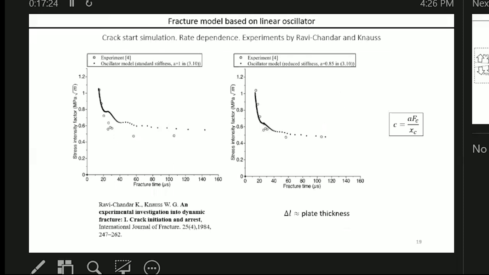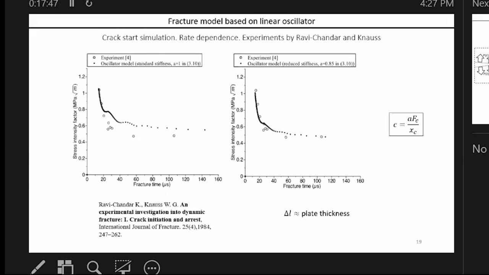And surprisingly, if we take the size of this volume in the vicinity of the crack to be more or less equal to the plate thickness, we get some nice fitting of the experimental results. Yes, we do not fit the static branch properly.